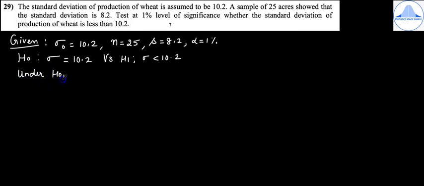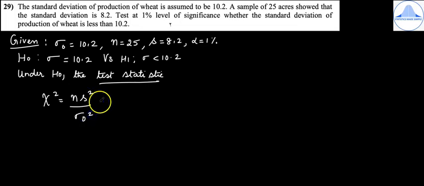Then under H naught, the test statistic is chi-square is equal to n s square by sigma naught square, which follows chi-square with n minus 1 degrees of freedom.